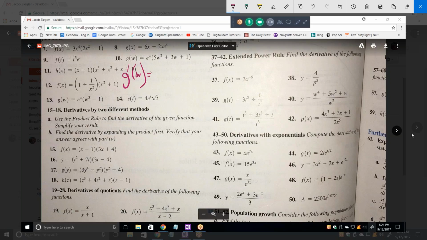You're going to have to use it a lot. There's no other way to do it. I wouldn't really want to multiply this out, right? Because then I'd have to use the product rule, and then I would have that times e to the w. I'd have to use the product rule again. So it's better to just treat these as two entities and start right off.